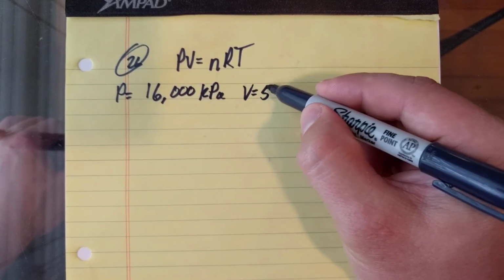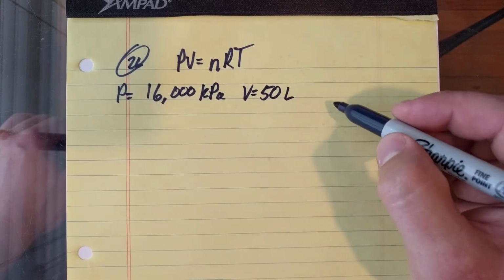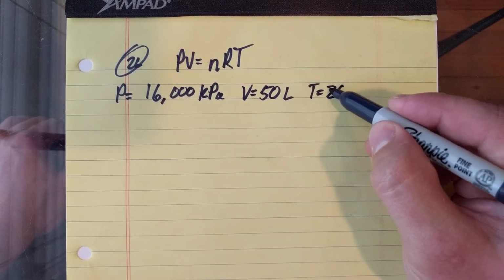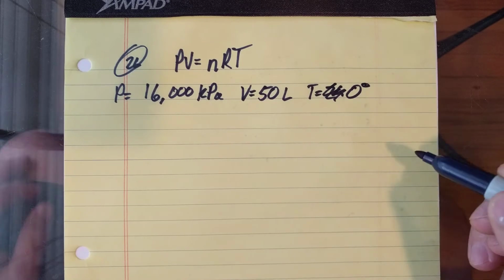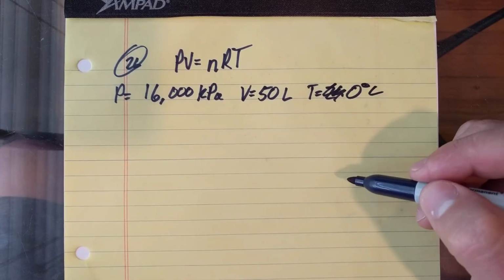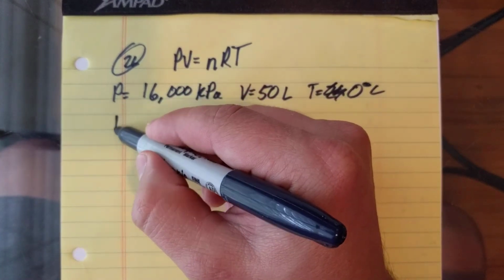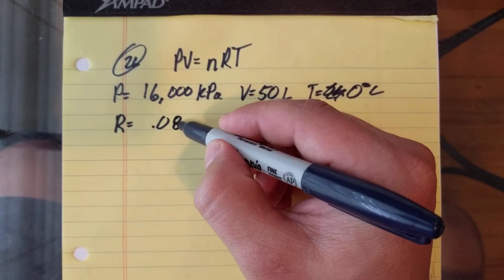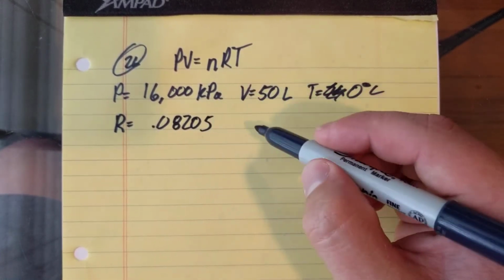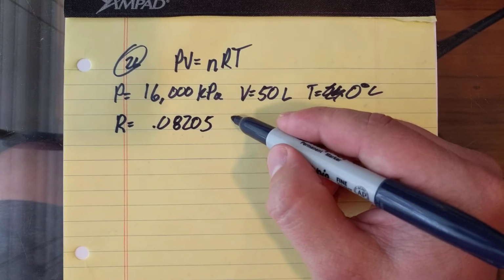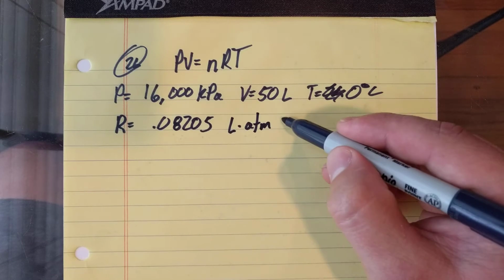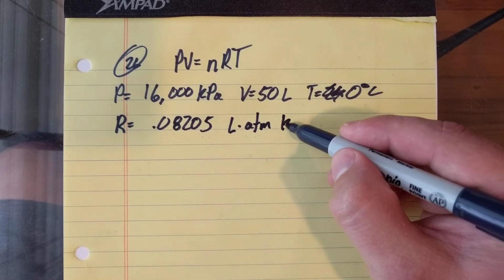Volume is equal to 50 liters. Temperature is equal to, not 25, 0 degrees C. And R is equal to 0.08205 liters atmospheres per Kelvin mole.